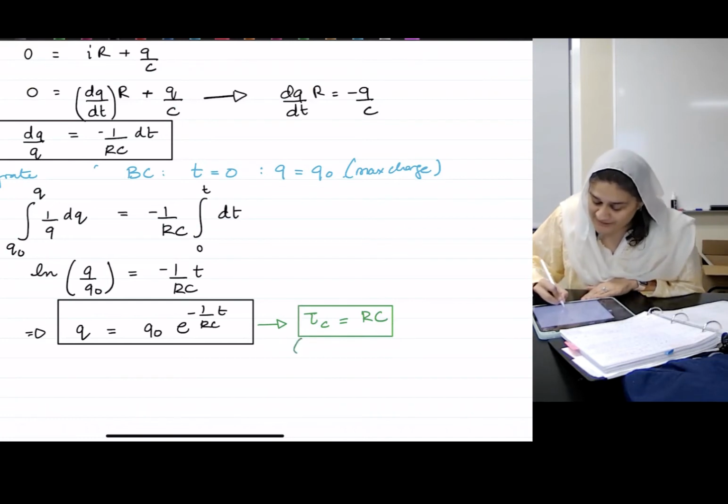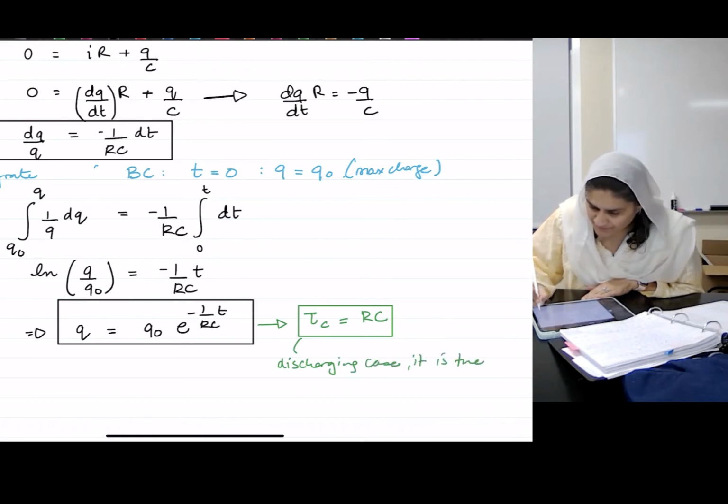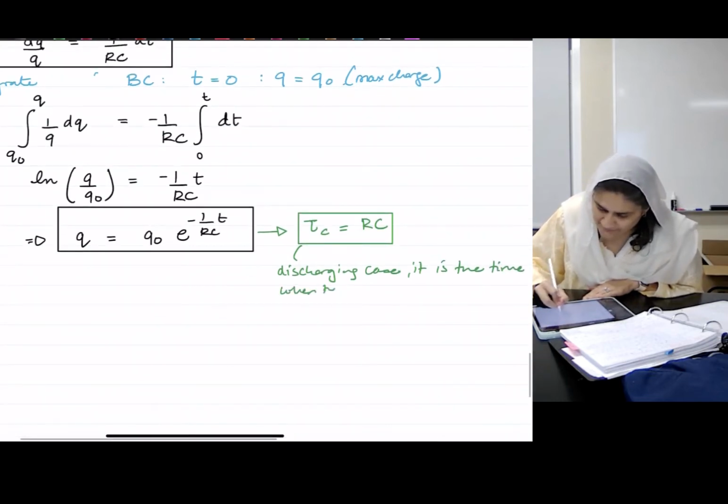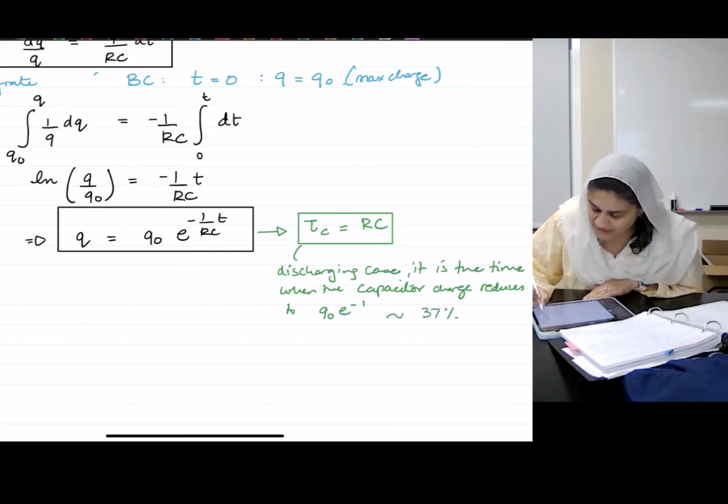However, for the discharging case, it is the time when the capacitor charge reduces to Q naught e to the minus 1, which is equivalent to 37% of initial charge Q0.